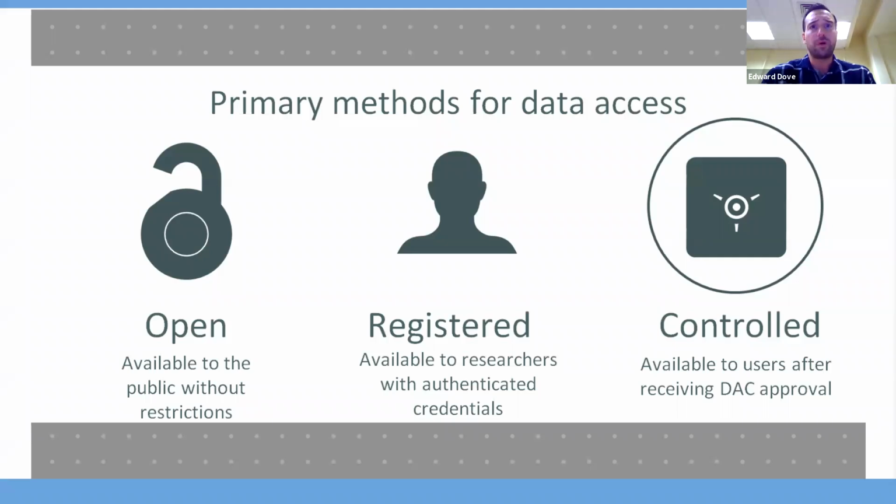There's an emerging approach called registered access, so researchers who have authenticated credentials, and a lot of the work being done at the DURI workstream and the RUSE has been looking at registered access, proving your bona fides. And then finally controlled access, which is often making data available to users after receiving data access committee approval.